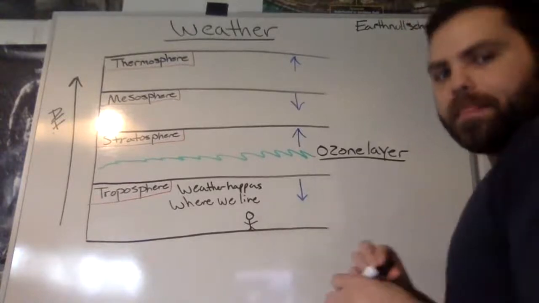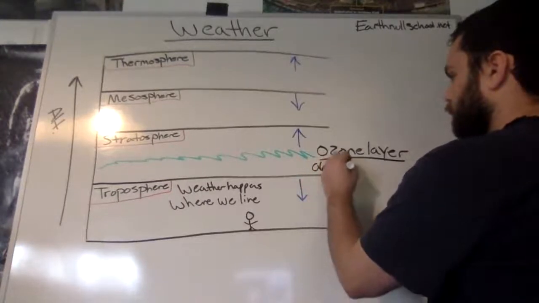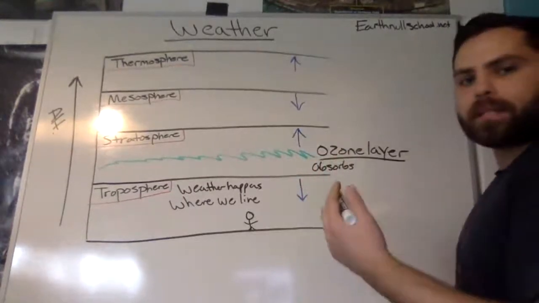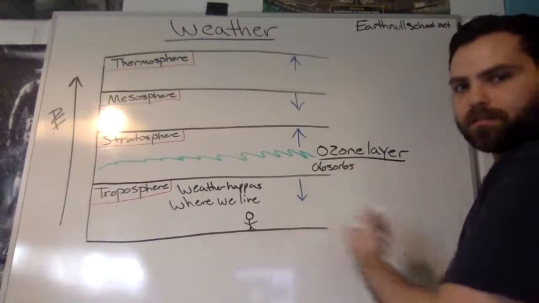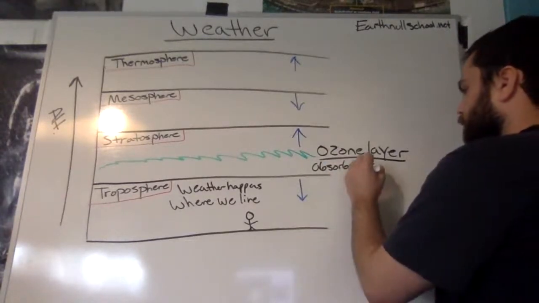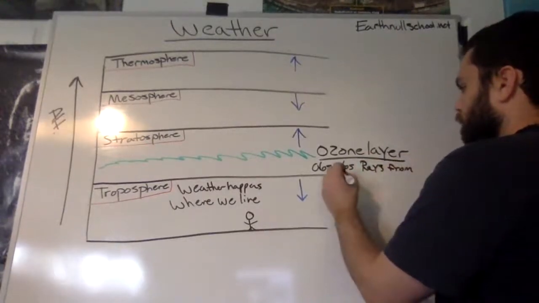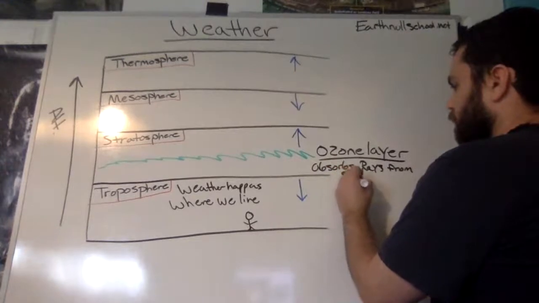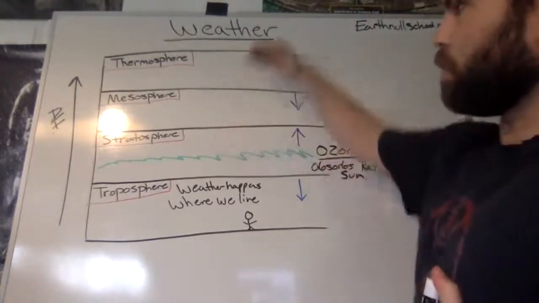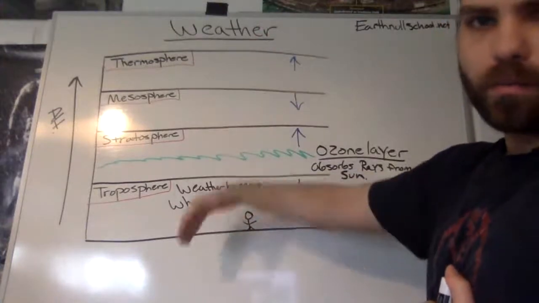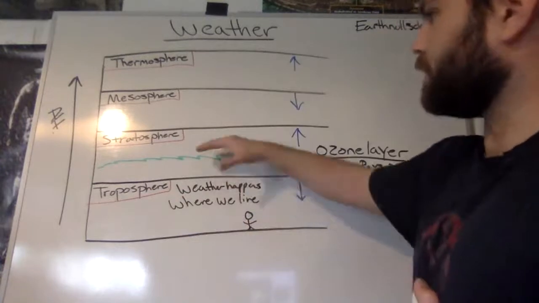This is the layer that absorbs basically ultraviolet rays from the sun. This is what protects us. Without the ozone layer, we would get hit with direct rays from the sun, and it wouldn't be good for us. So the ozone layer is able to protect us.